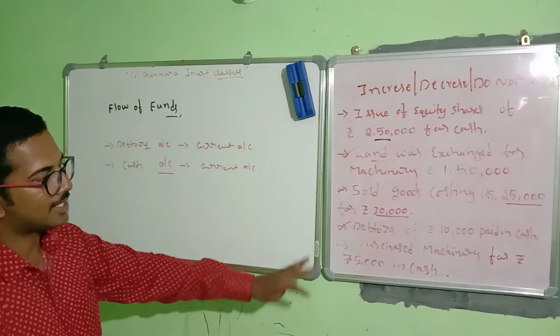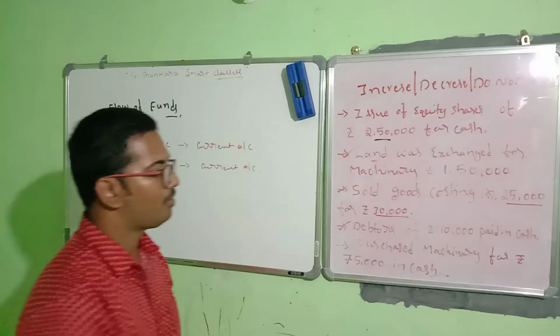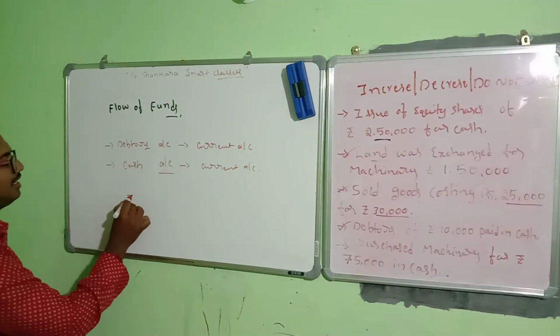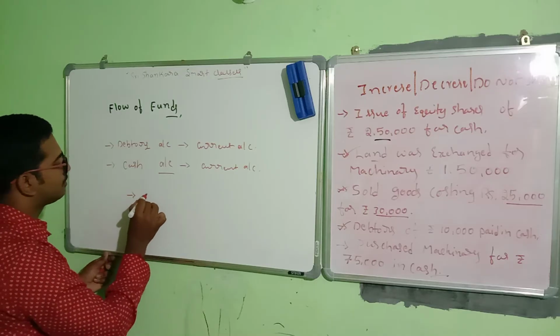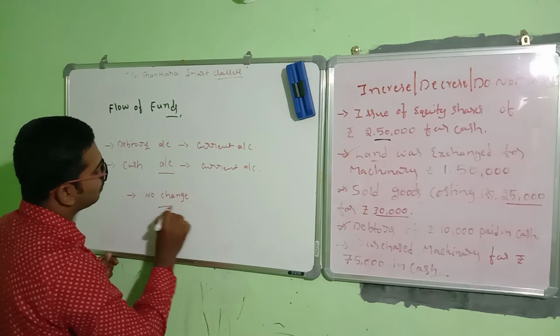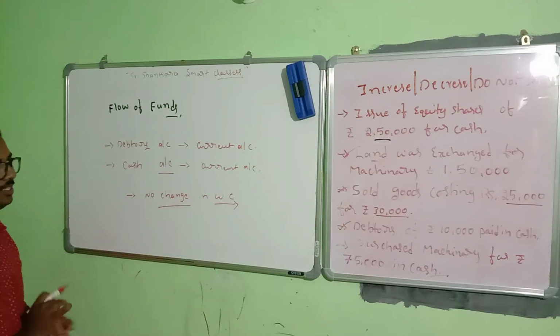You have to observe the transaction: does any profit or loss arise from it? No. So a transaction happening only between two current accounts leads to no change in working capital.